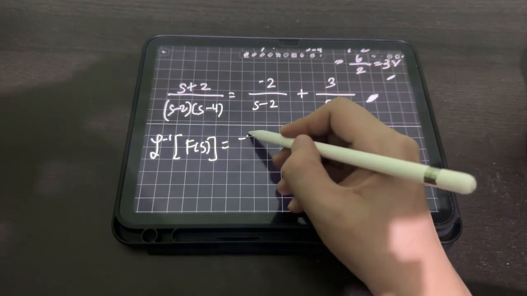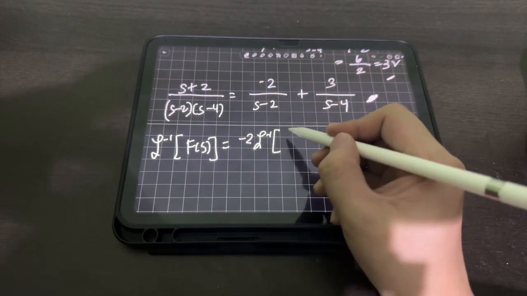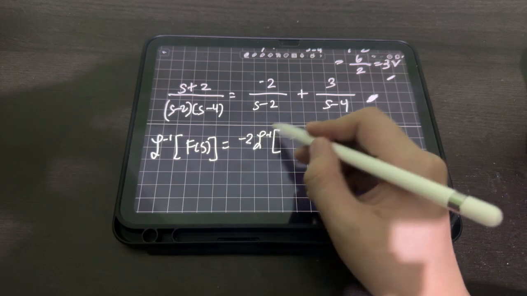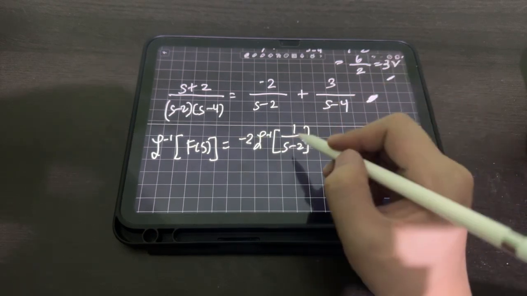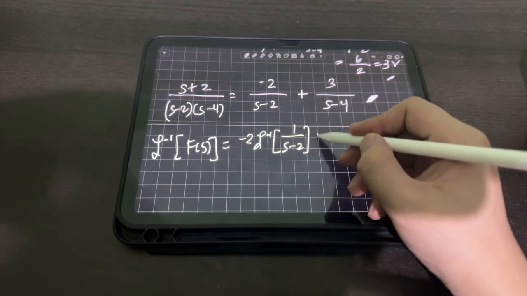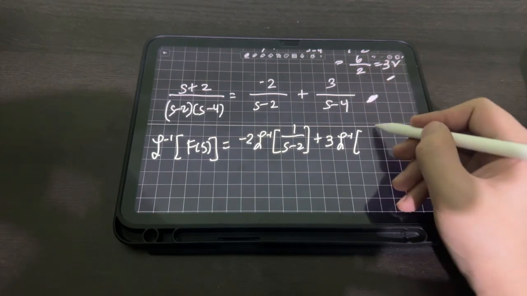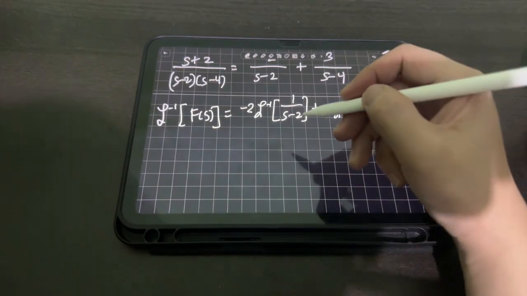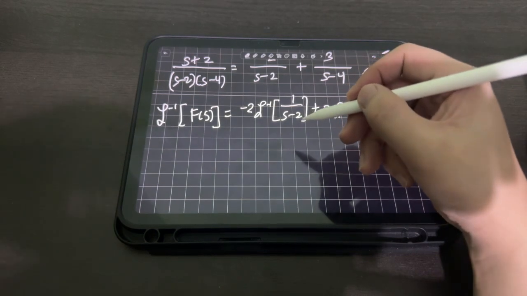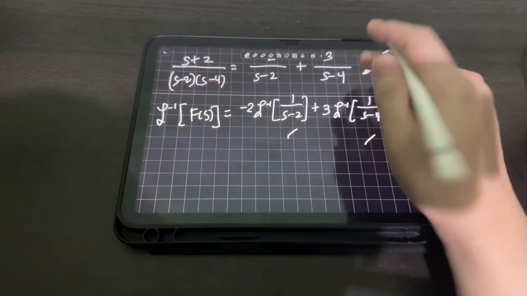So, put this negative 2 constant in front of the inverse Laplace transform operator, then times 1 over s minus 2, inverse Laplace transform of 1 over s minus 2, plus 3 times inverse Laplace transform of 1 over s minus 4.